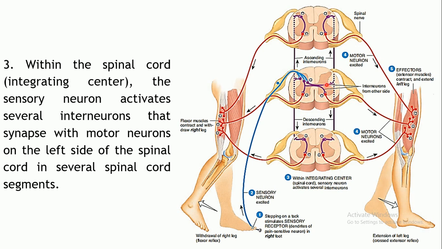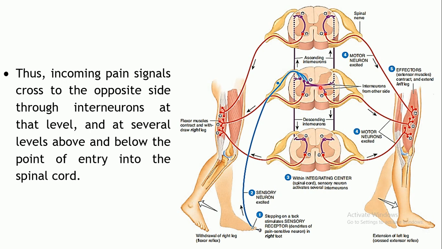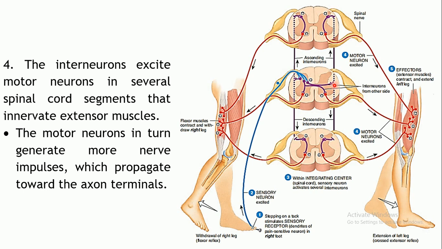Now these sensory impulses which are stimulating these interneurons on the other side will carry the signals at the different levels of your spinal cord. Different segments of your spinal cord will be activated by these interneurons above and below the entry point, and these interneurons in turn will excite the motor neurons in the different segments of the spinal cord on the opposite side also.